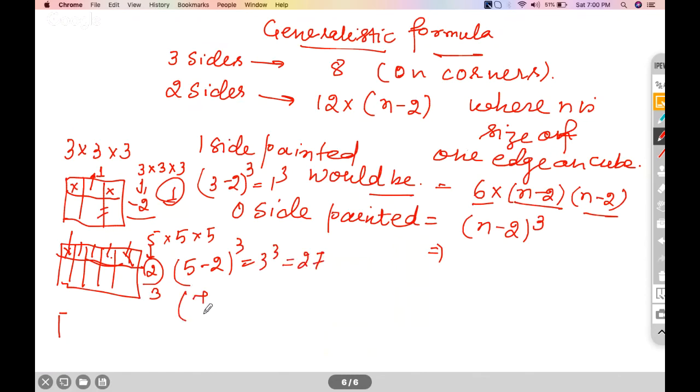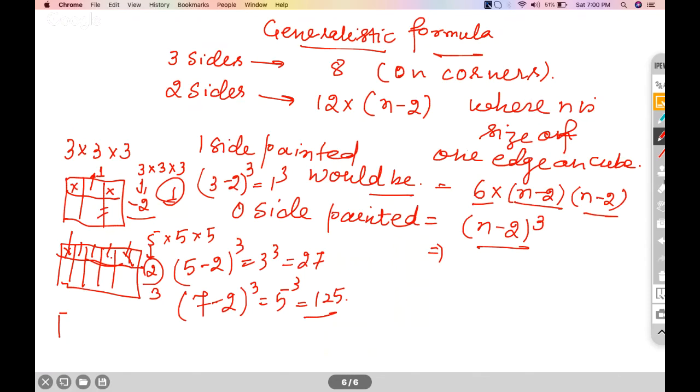Then it came out to be 7 minus 2 cube, which is 5 cube. That is equal to 125. So it will be n minus 2 cube. So that would be your answer for this kind of question.